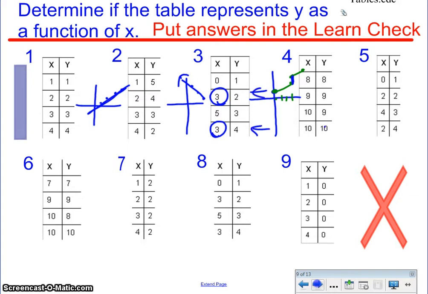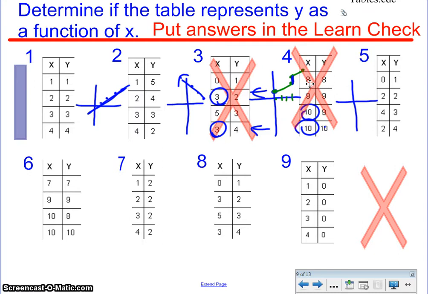Now let's look over here where there are 2 values of Y and 2 values of X. So because of this, I already know that both 3 and 4 are not functions.